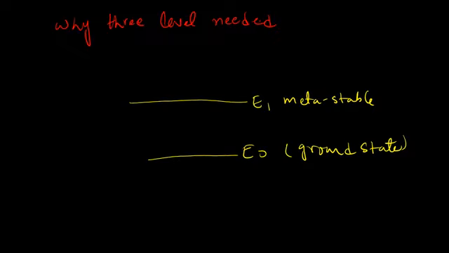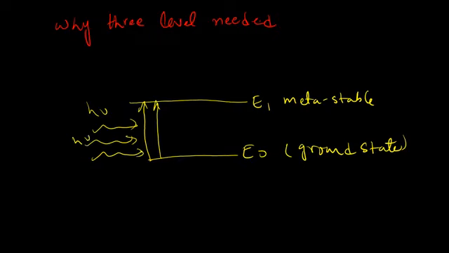So when a photon of frequency mu is pumped into the assembly of atoms, there will be more upward transitions. When we pump a photon of energy h mu, there will be more upward transitions.